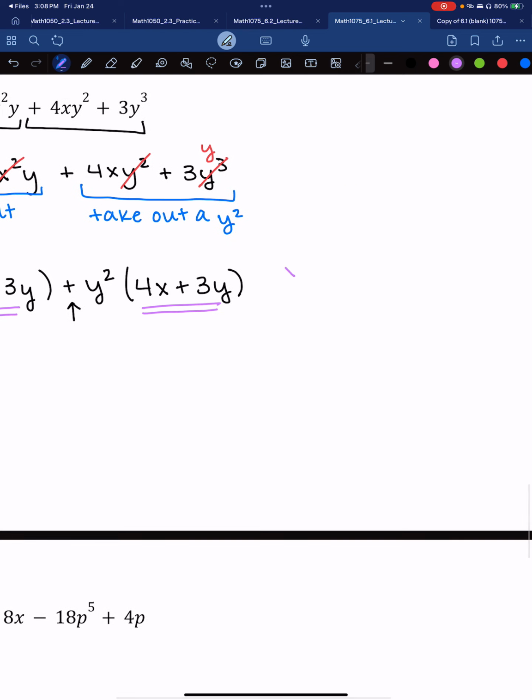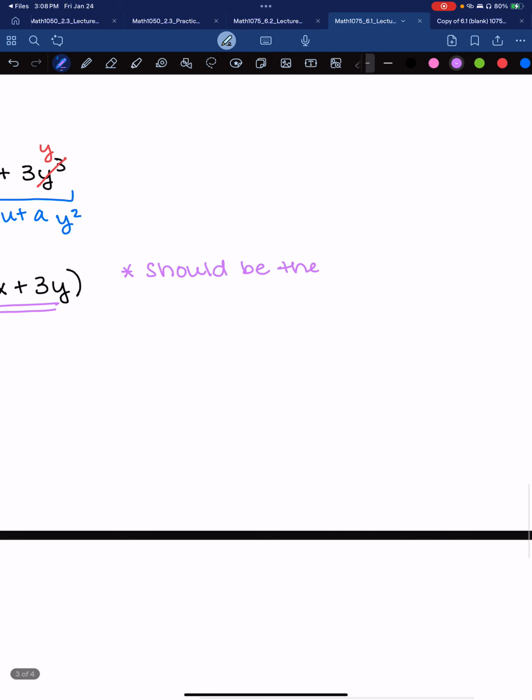These should be the same. So if they are not, you might have done something wrong.